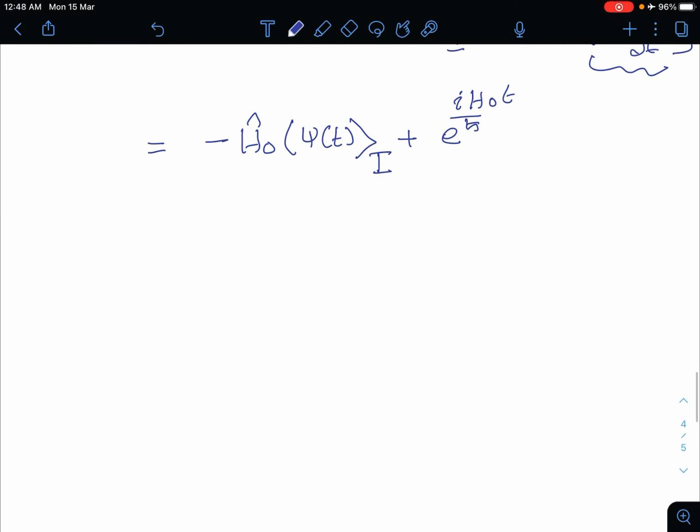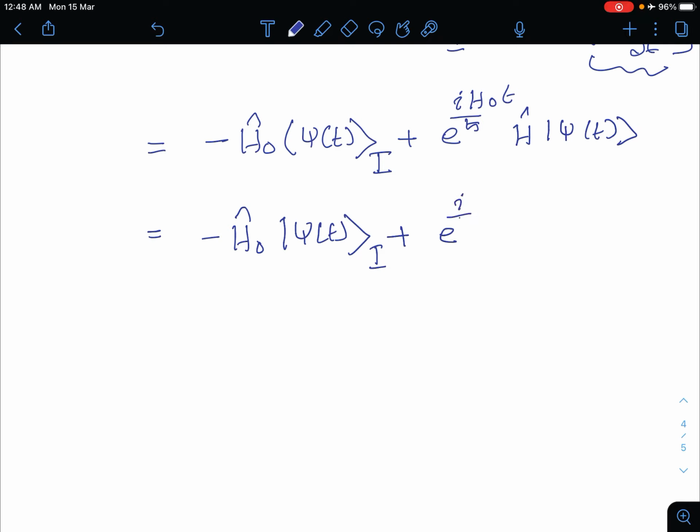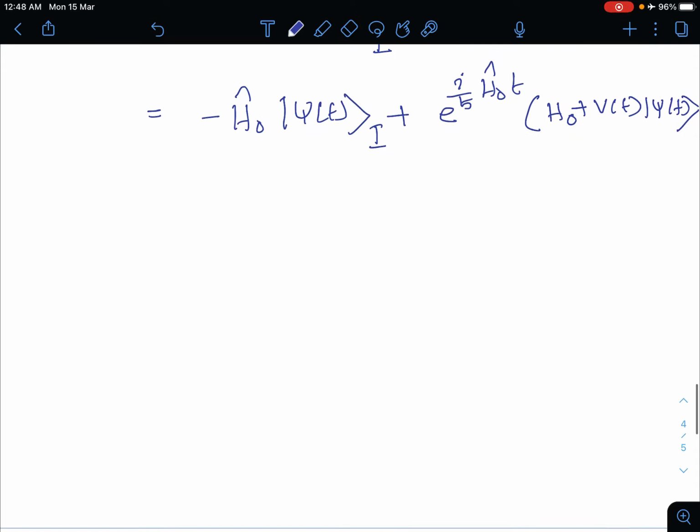So I can write this as H psi of t, not interaction, the usual one, the Schrodinger one. Now that is psi of t interaction plus e raised to i by h cross H0 t. What is H? H0 plus V of t, right? H0 plus V of t, psi of t. All right, good.